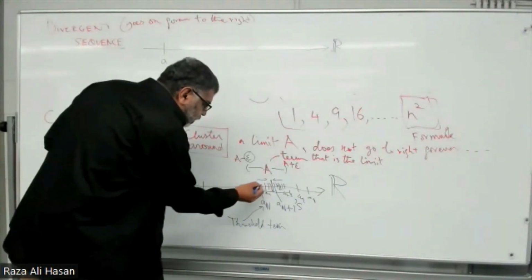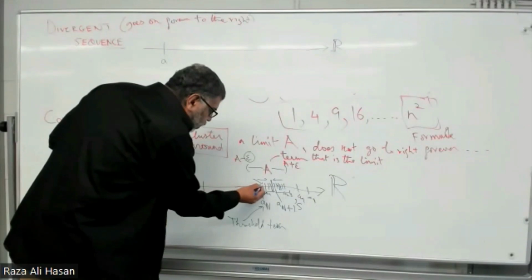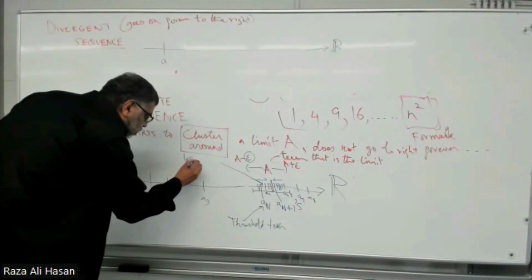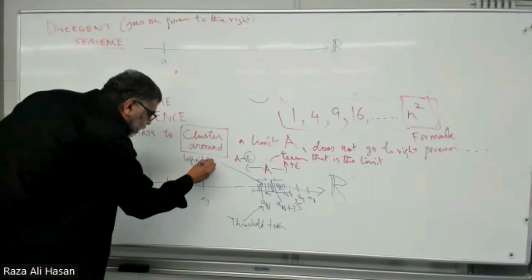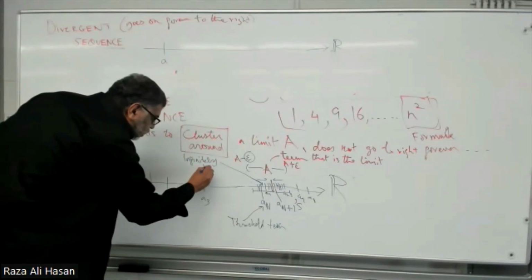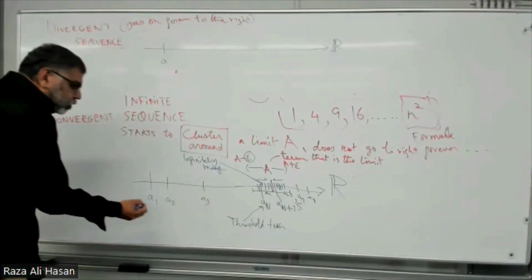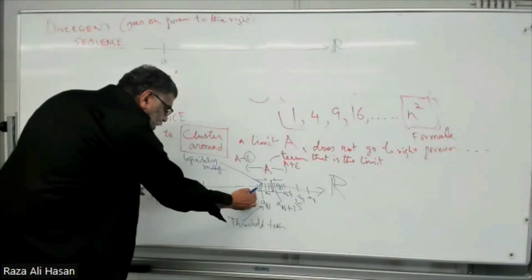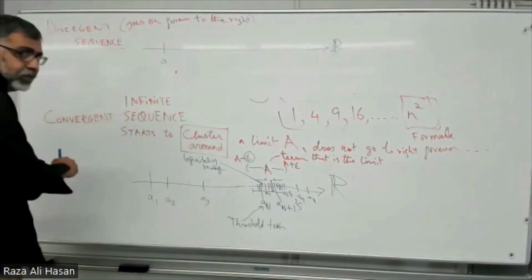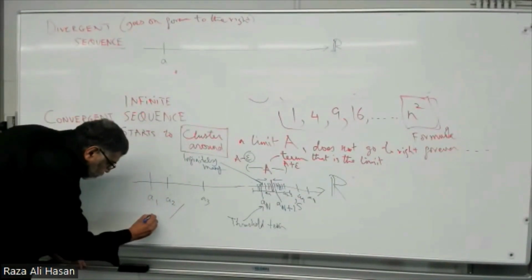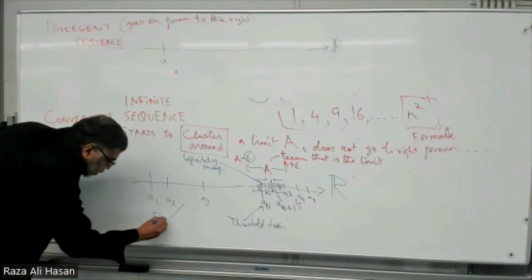Here in the cluster, I'm going to put a note: infinitely many. Very important to remember that. And then outside of the cluster, to the left and the right, the terms are finitely many.